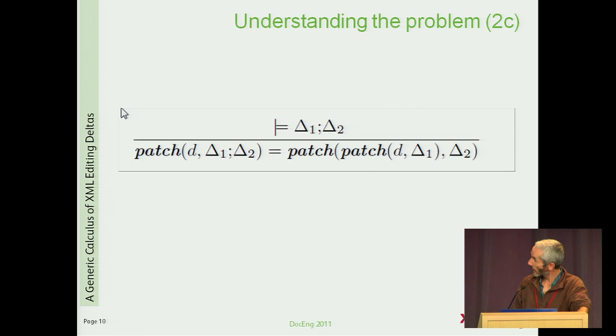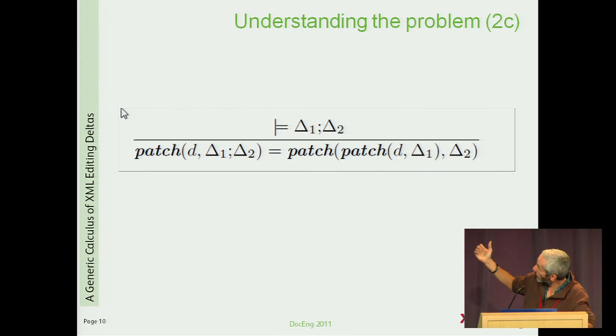The transformation itself is defined through an abstract operator, which is a patch, which allows applying the operation on document D, the first argument. This equation is in fact logical notation. On the top, you have the condition, the hypothesis if you want, and it says that the composition of deltas must be well formed. That's the condition.